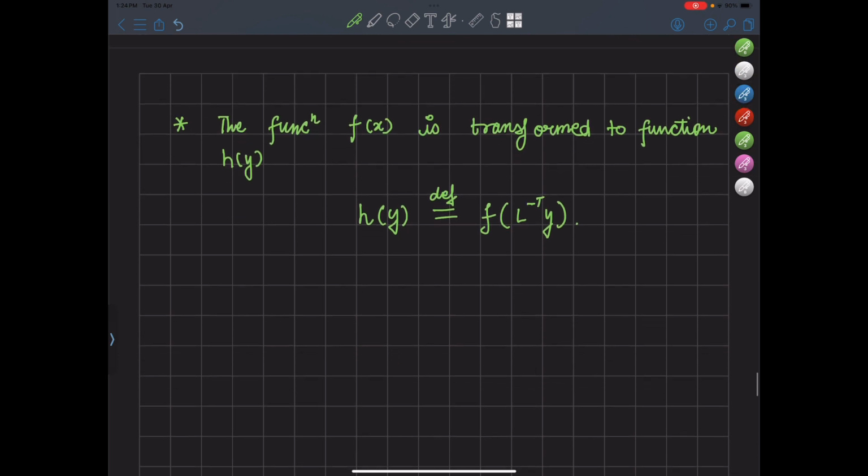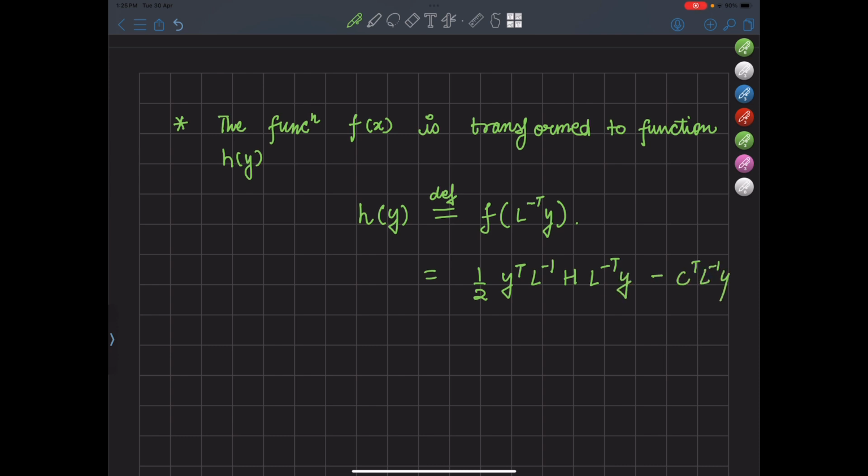Now let's see what the definition will turn out to be. So f of L inverse transpose y will become half y transpose L inverse H L inverse transpose y minus c transpose L inverse transpose y.